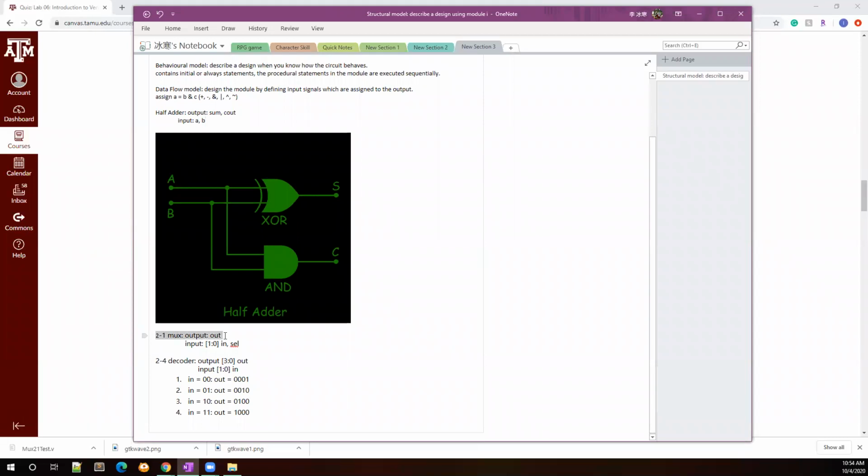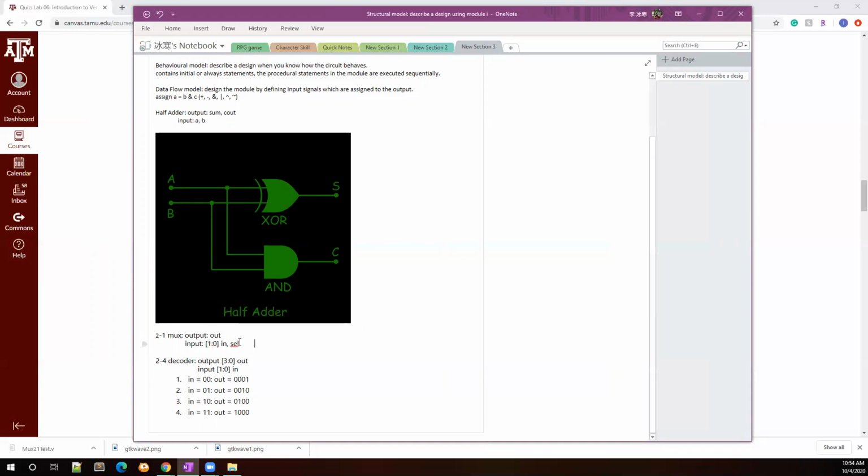For the 2-to-1 mux, the output is out. The input is a 2-bit input in, and there is a 1-bit selection signal, so we can select the input. If the select is 0, we just output the first bit, and if the select is 1, we just output the second bit.